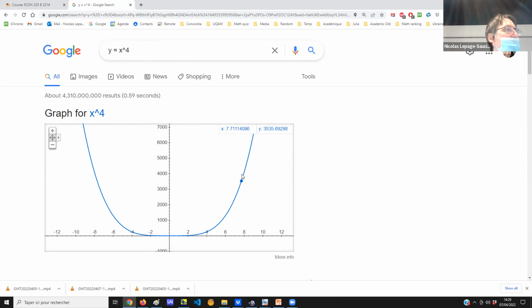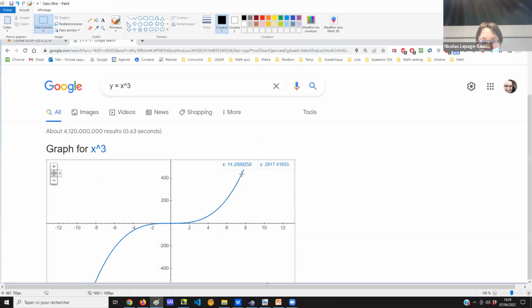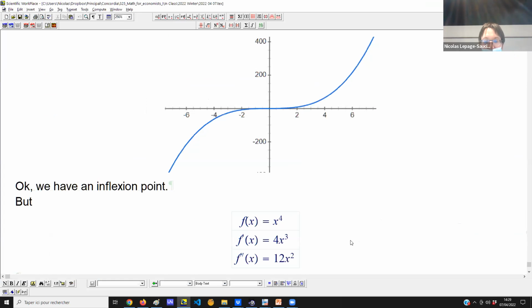Yes? Yeah, we can also apply the first and second derivative and determine from there. x squared is always positive, for x less than 0 and greater than 0.